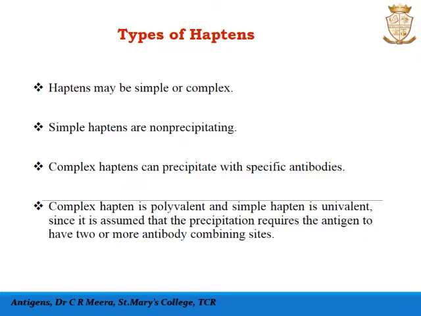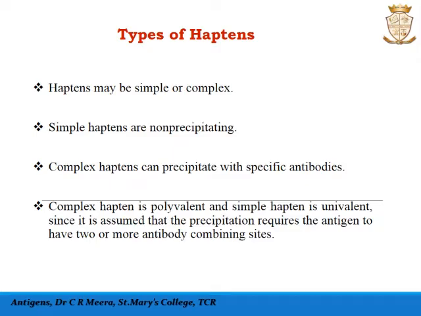The reason is that the simple haptens are univalent and the complex haptens are polyvalent. Thus, complex haptens have multiple binding sites for antibodies, which is responsible for the process of precipitation.